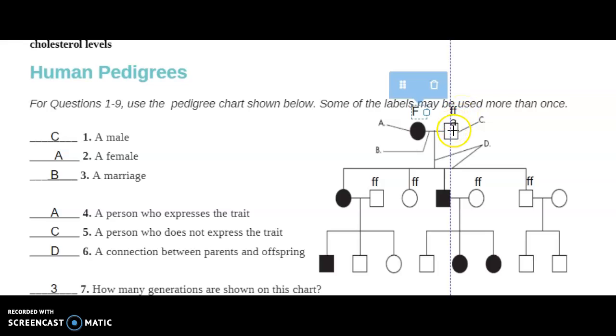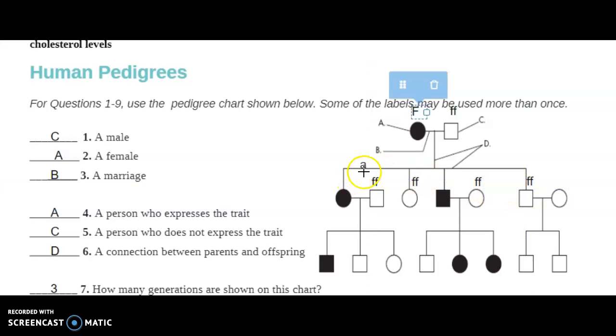So we know that Dad here is little f, little f. We know that Mom has at least one big F, but at this point we don't know if she's big F, big F, or big F, little f. So we have to look at our children. All of our children down here, our offspring, that do not have the trait, they have to be little f, little f.